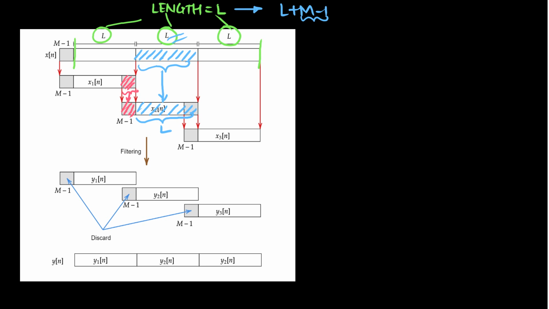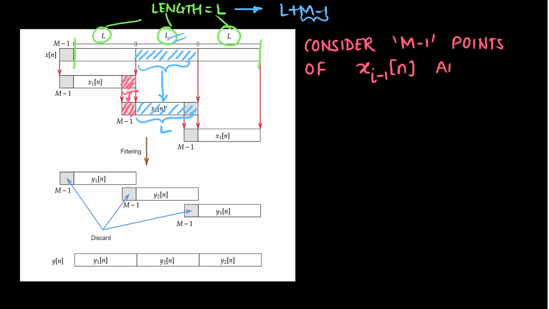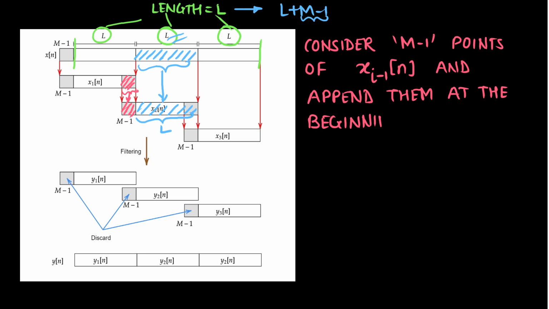So what we do is consider m minus 1 points of xi minus 1 of n and append them at the beginning of the ith block, or the current block, that is xi of n.